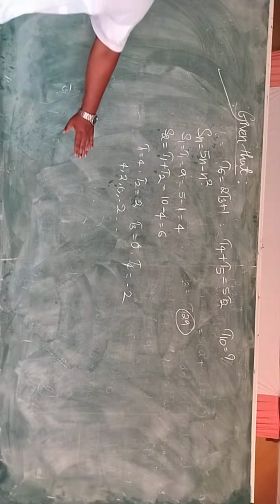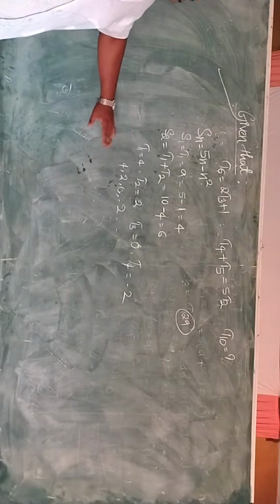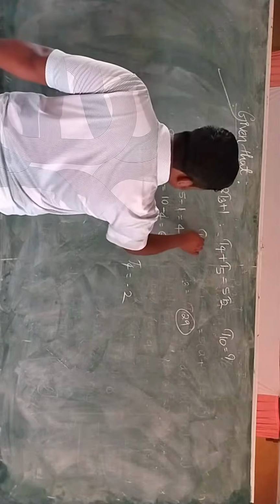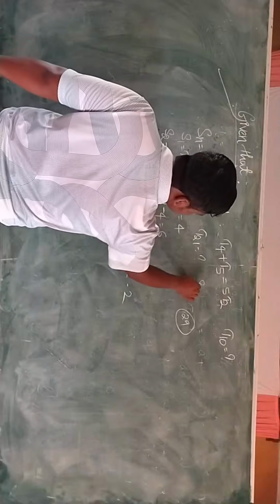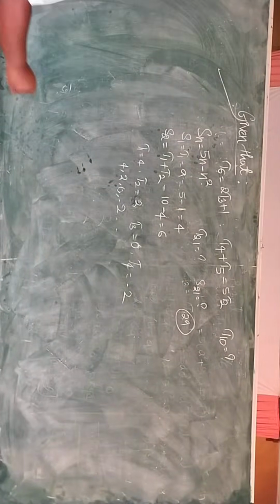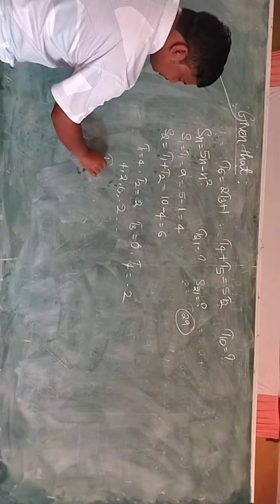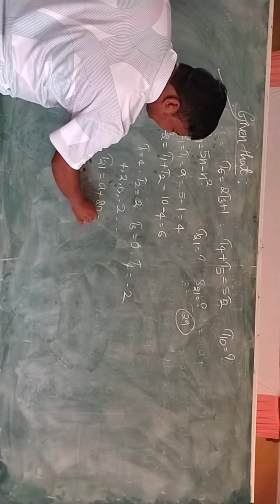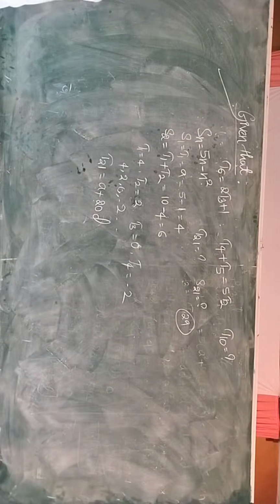This is the arithmetic progression. After that, we have to calculate the 21st term, T21, and after that S21. T21 is nothing but A plus 20D. What is D?